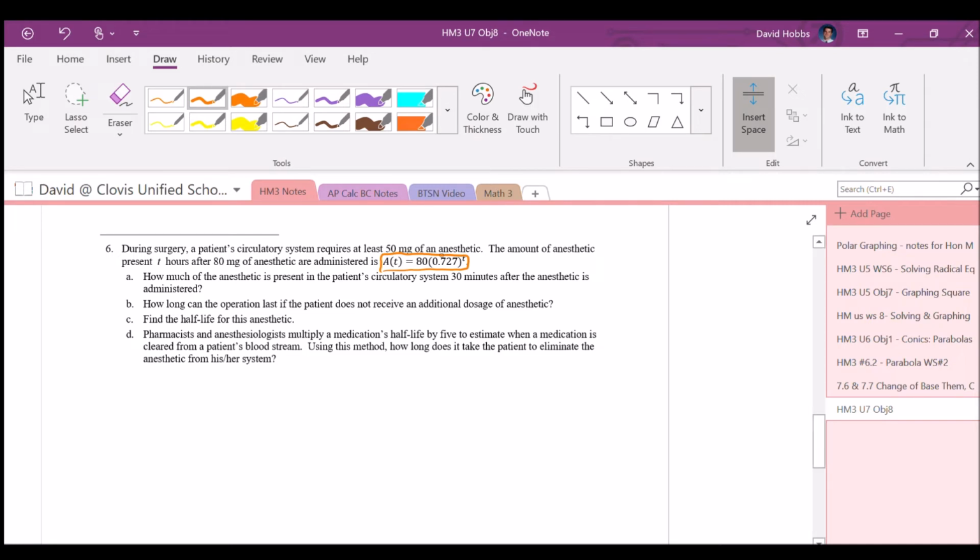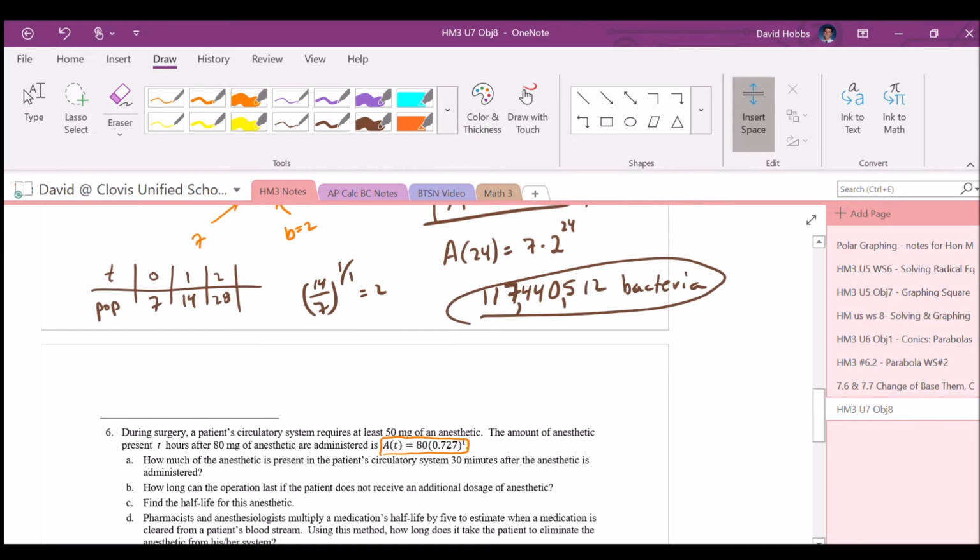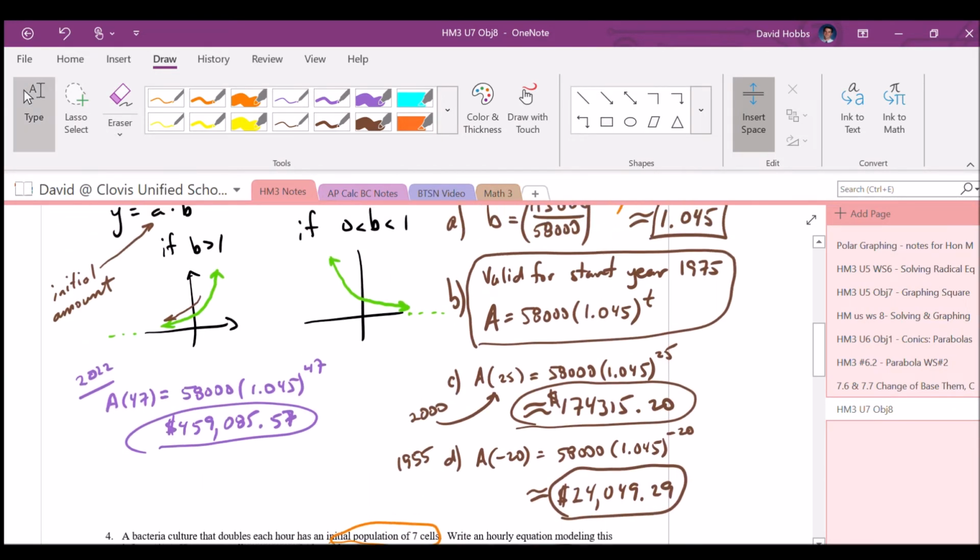You can see that the B value is less than 1, and so it's telling you that the drug, the anesthetic, is diminishing as time goes on, which is good. That's what you would want it to do. In fact, it's only maintaining 72.7% per minute after the initial dosage, as opposed to the first equation that we did, the 1.045.